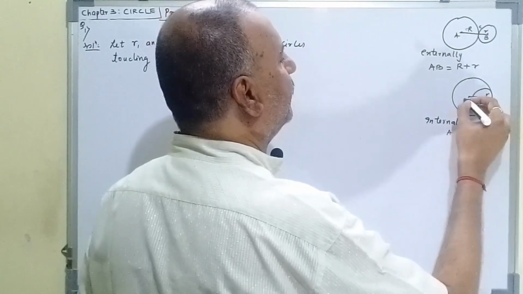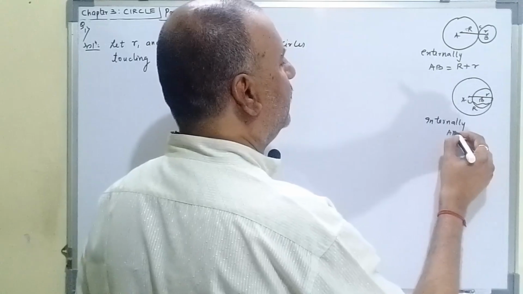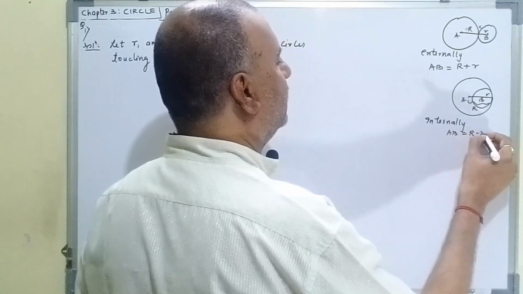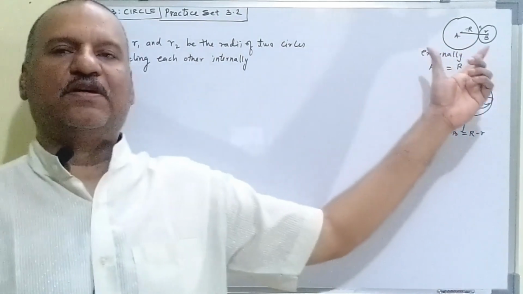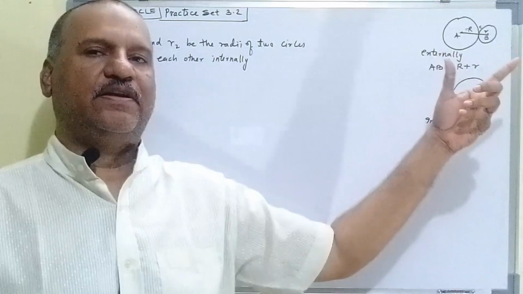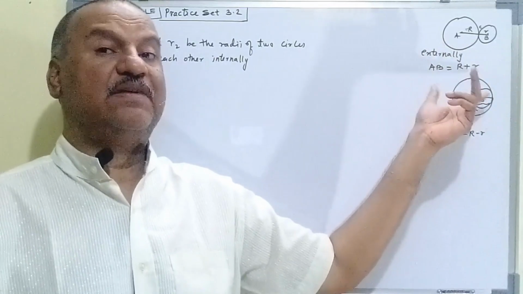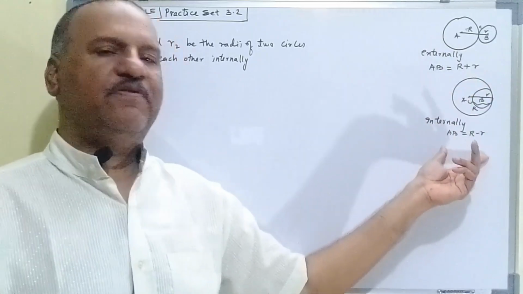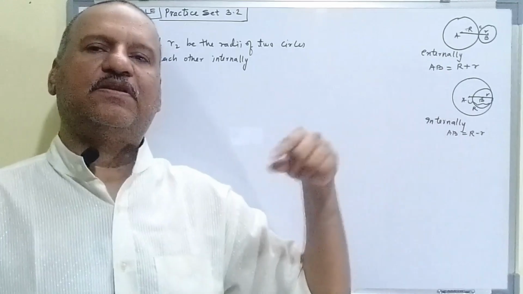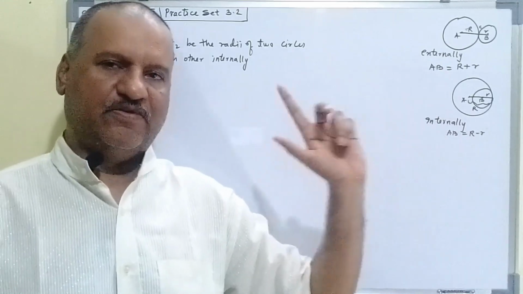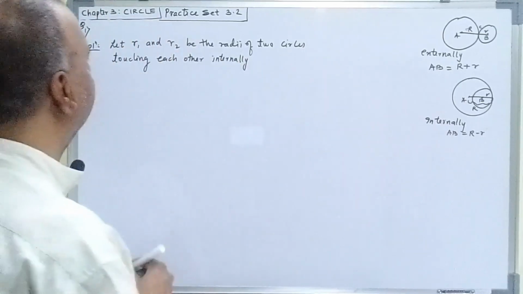Then ये जो AB है, this AB will be capital R minus small r. Please understand, when two circles touch each other externally, then the distance between the two centers will be the sum of the radii, and when they touch each other internally, the distance between the two centers will be the difference between the radii. चलो ये रह गया था एक्सप्लेन करना.